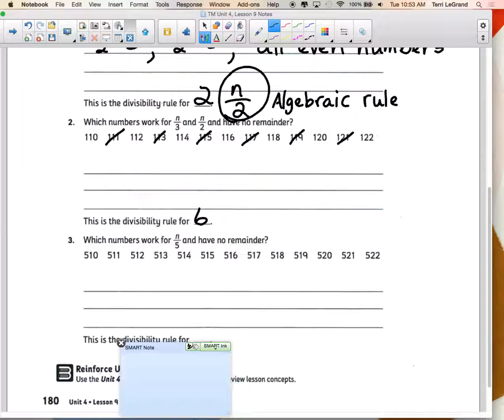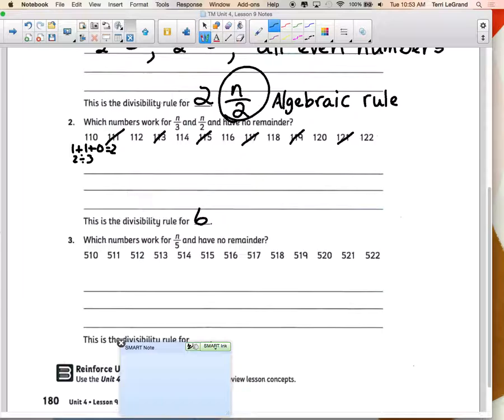Oh, well, we've eliminated some of our list, right? Okay, so now we have to check out all these evens and see which of those evens is divisible by 3 because we already know they're divisible by 2. So what's 1 plus 1 plus 0? What's that equal? 2, okay. Is 2 divisible by 3?